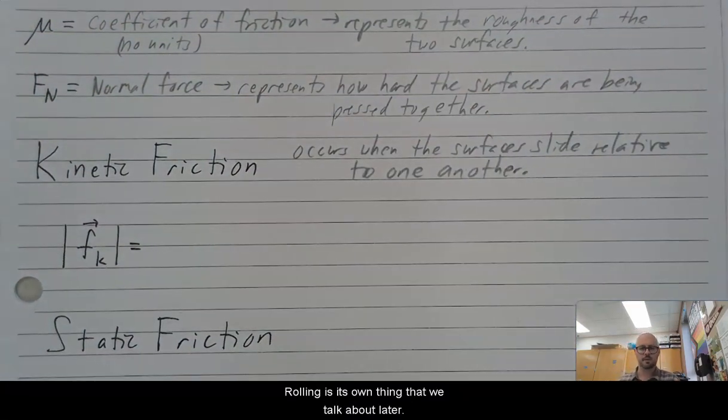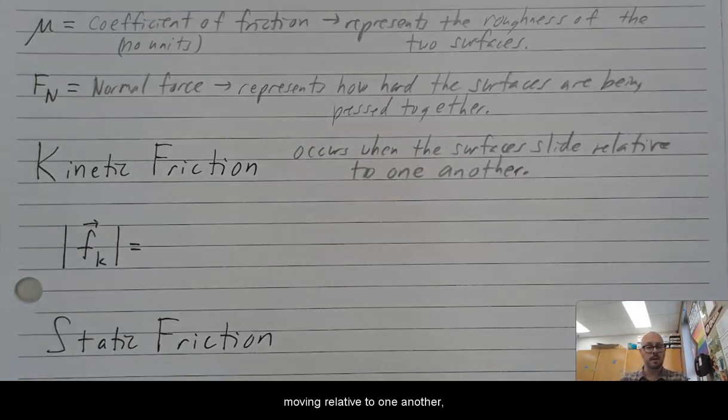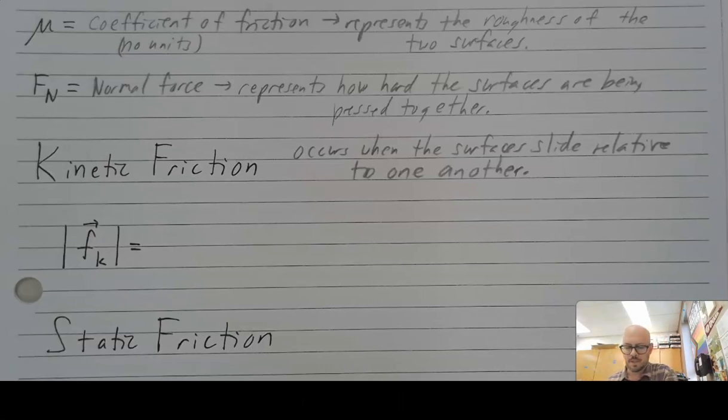Rolling is its own thing that we talk about later, but sliding, the surfaces have to be moving relative to one another. So at least one surface has to be in motion and the other one doesn't. If I slide a box down a ramp, that kinetic friction force arises because the box and the ramp surfaces are moving relative to one another.